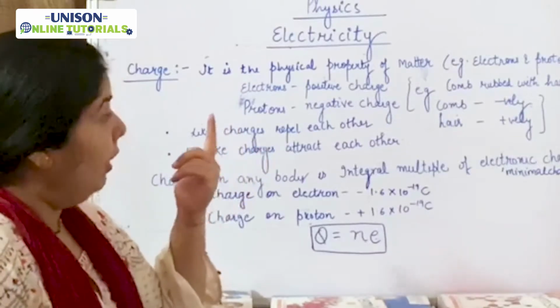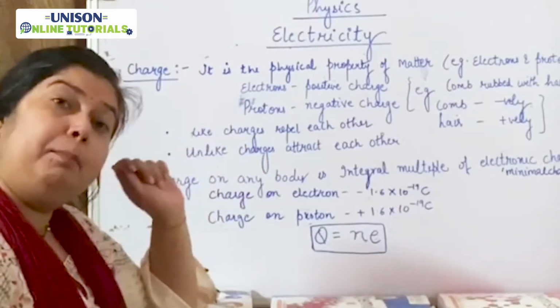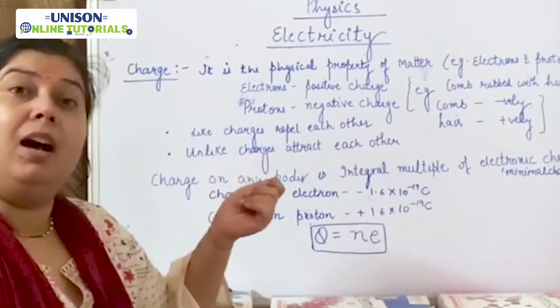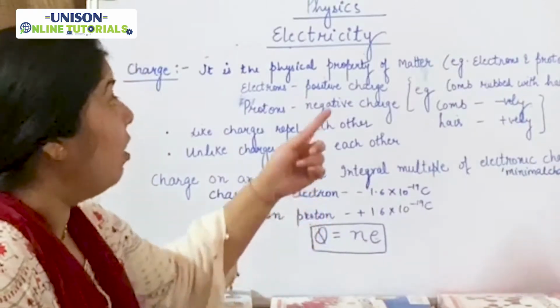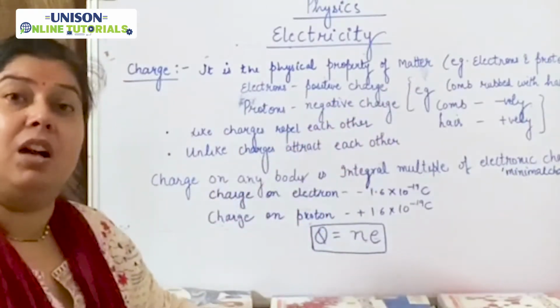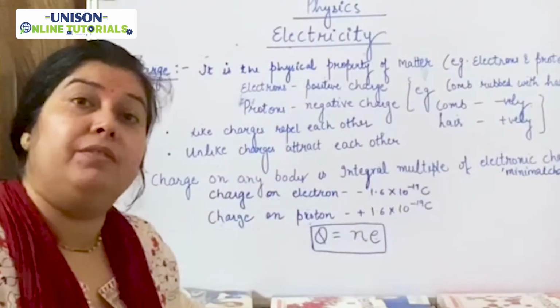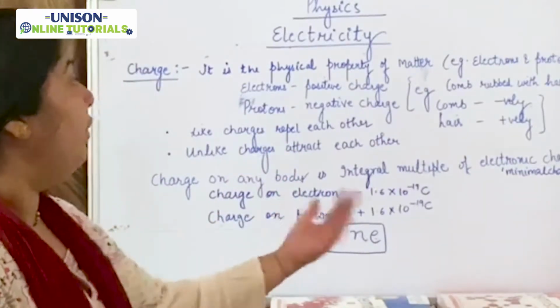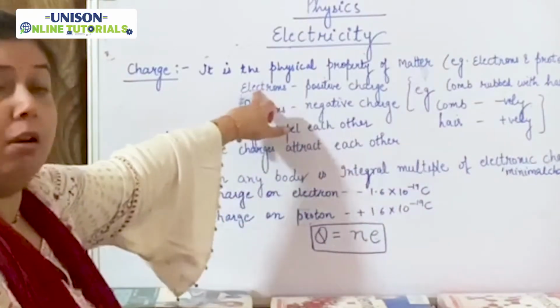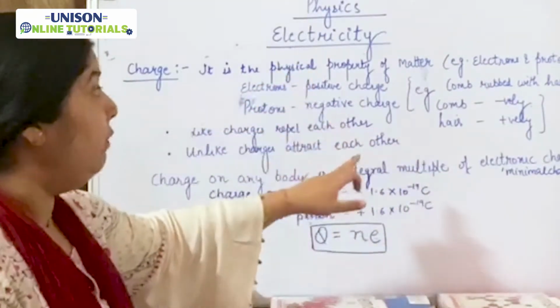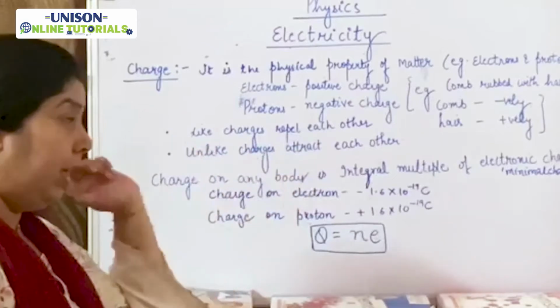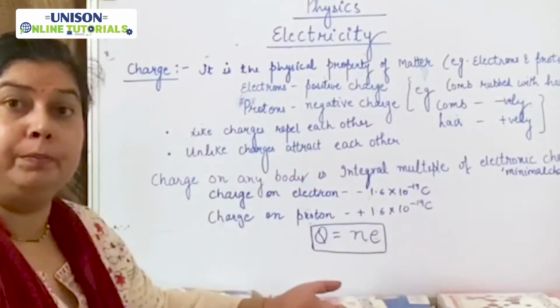Why? ऐसा rubbing करने पे comb के अंदर भी क्या आ गया? चार्ज आ गया. कौन सा चार्ज आ गया? नेगेटिव चार्ज. और हेयर पे कौन सा चार्ज आ गया? पॉजिटिव चार्ज. कैसे आया? फिर से क्या फ्लो हुए? इलेक्ट्रॉन्स. इलेक्ट्रॉन्स फ्लो हुए फ्रॉम हेयर टू कॉम.